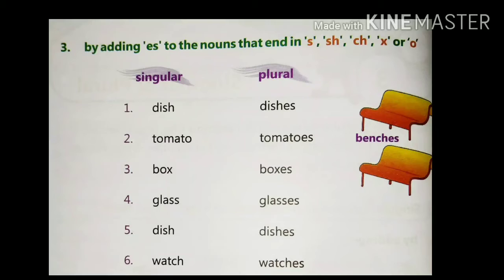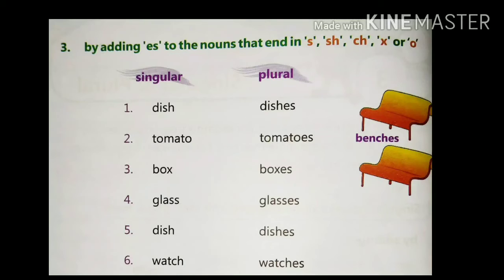Now let's take the second example, tomato. Can you see tomato is ending with the letter o, and they are saying the word that ends with o, we add es. So here we added es to make it plural.